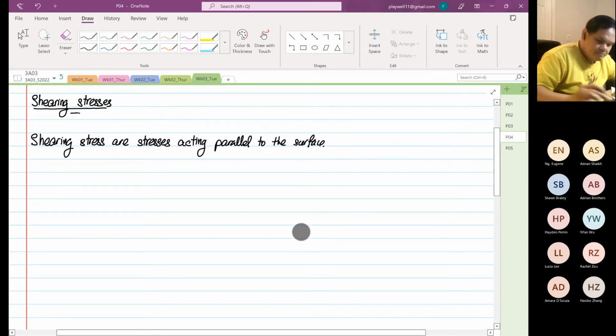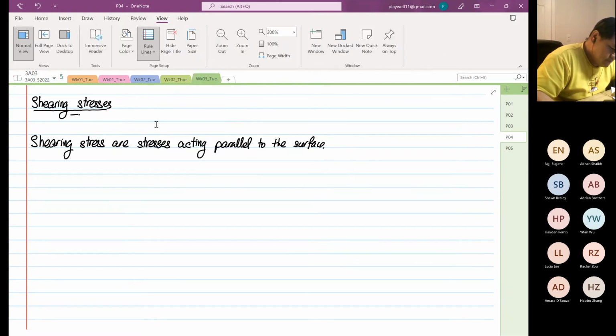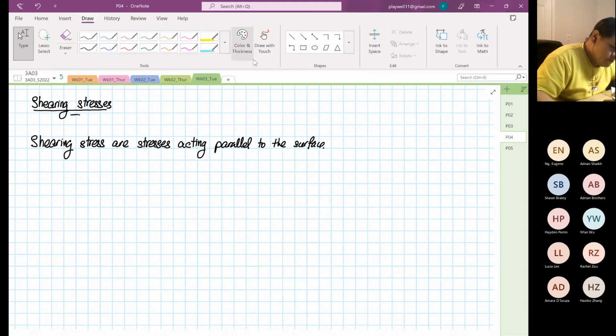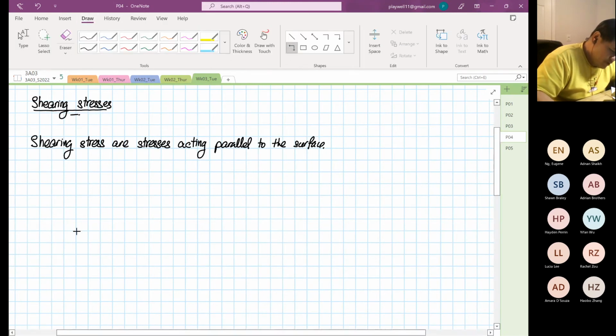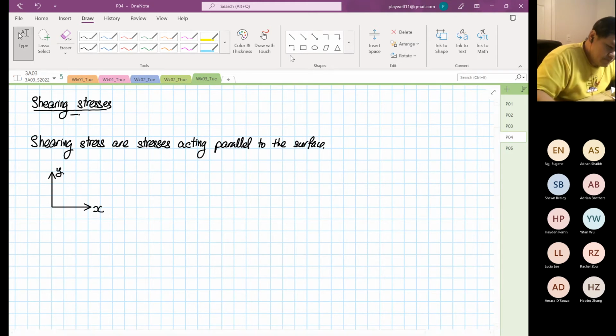Okay, so I'm going to sketch out an element. Let's look at 2D first. So this is our axis, this is X, and this is Y. We draw our element.